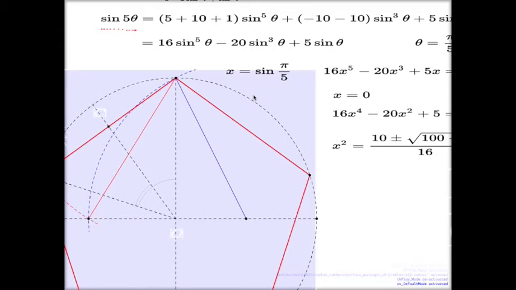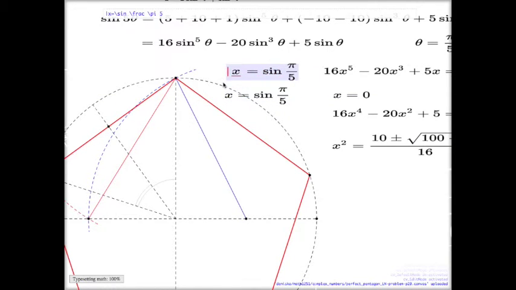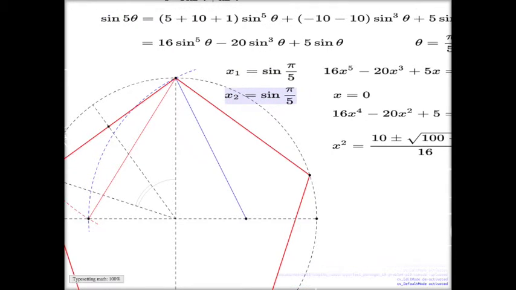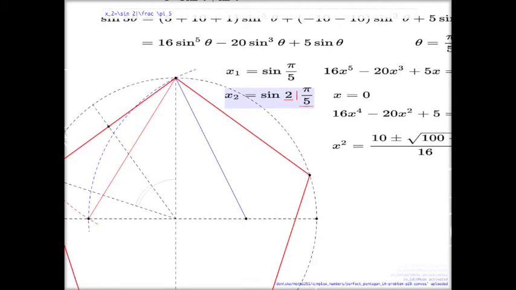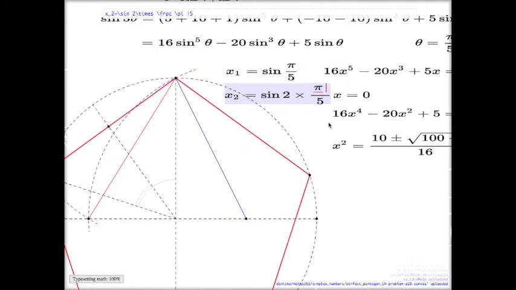So if you take another x, let me just call this x1, and if I call this x2, which is a sine of 2 times... looks ugly, isn't it?